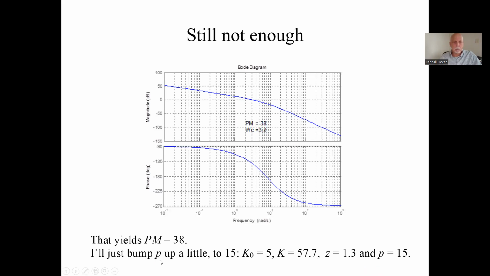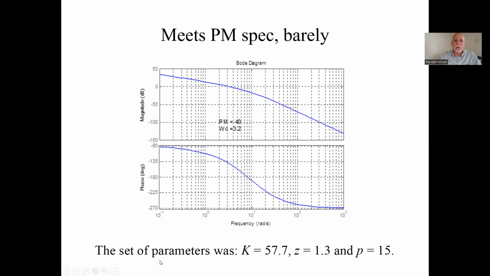So let's bump things up again. I'm going to bump the A up. I'm not going to go through this in fine detail. We're just iterating at this point. At least Bode plot wise, after this iteration, we're barely meeting our phase margin spec. We wanted 40, we got 40.